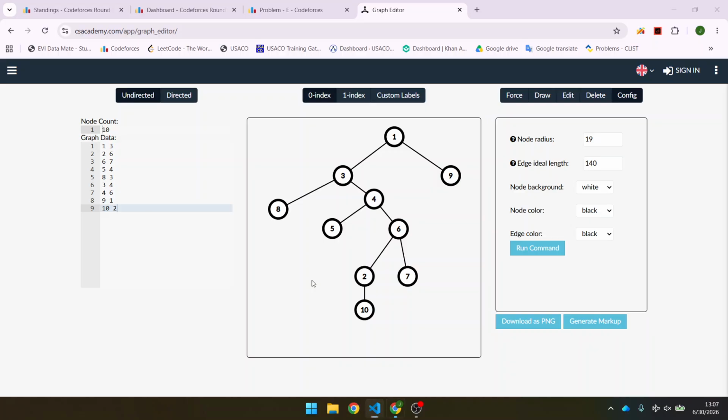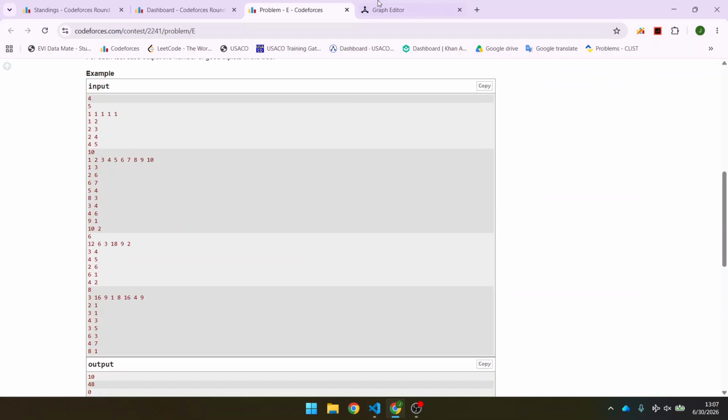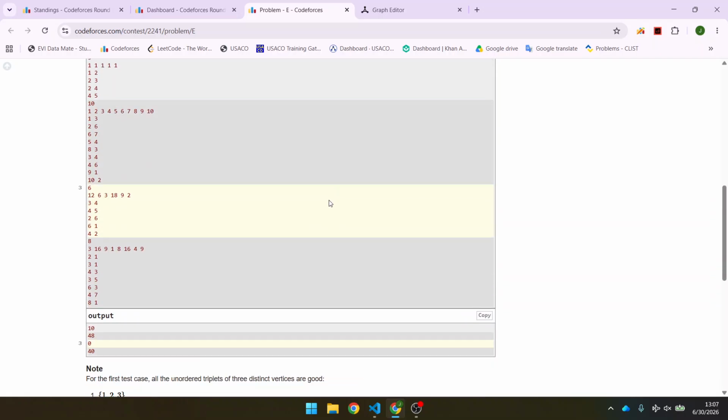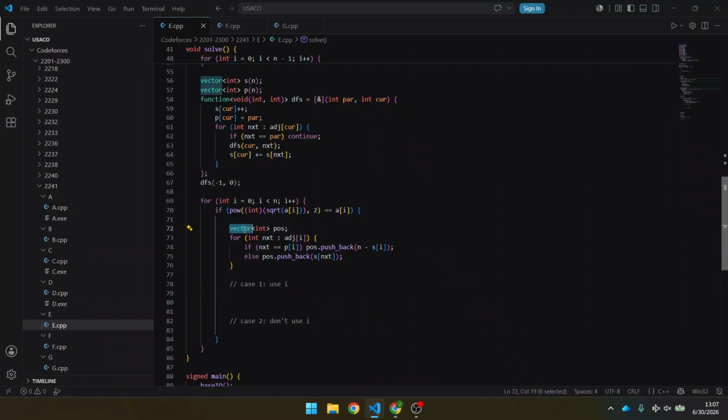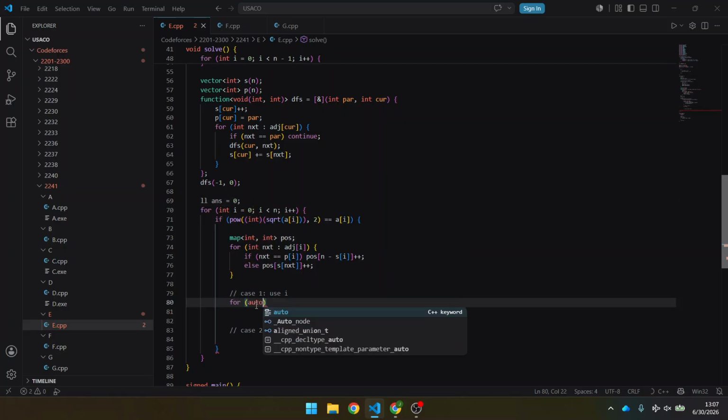So this might go to n squared. Okay, so we can use a map instead. Long long answer is 0, for auto pair.